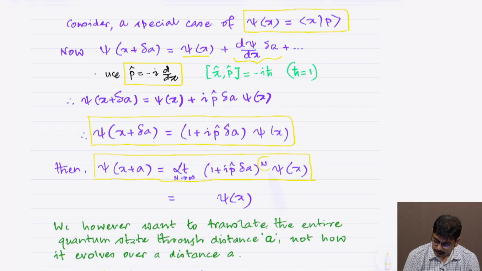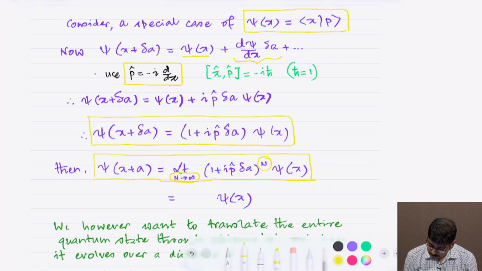I have done it capital N number of times with n tending to infinity, and this is what we have. Now, can you tell me what exactly this means?